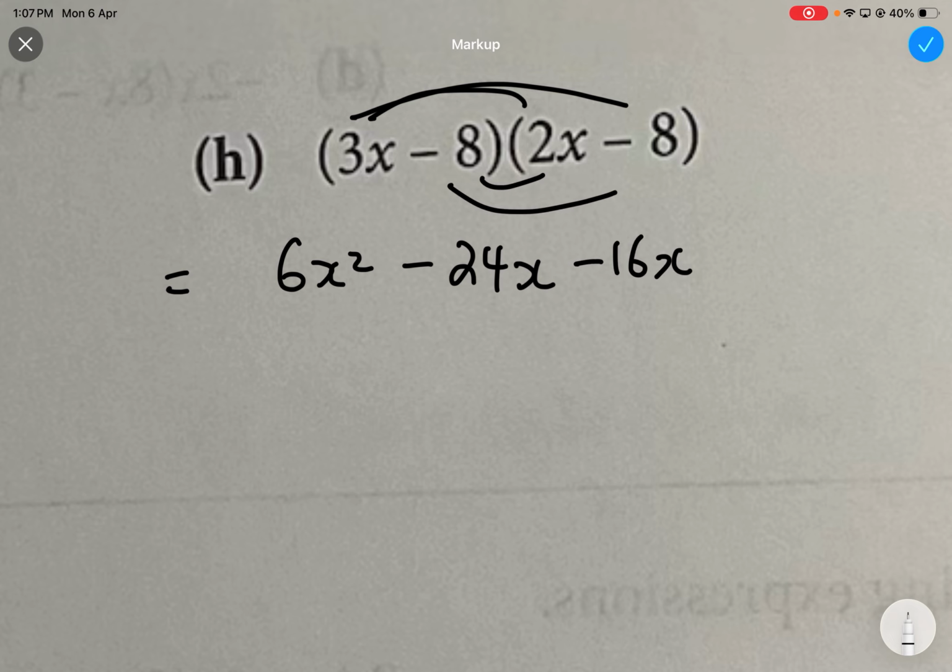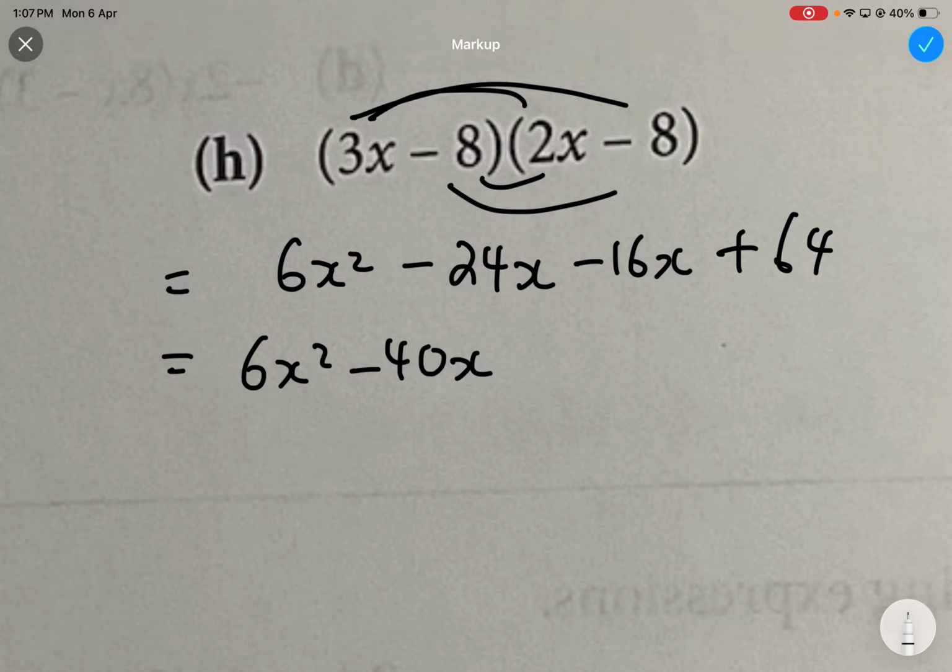Negative times negative, positive. 6x squared minus 8x plus 62. When you are asked to expand and simplify, this is the final answer. Don't go and do any factorization. Don't go and add bracket again.